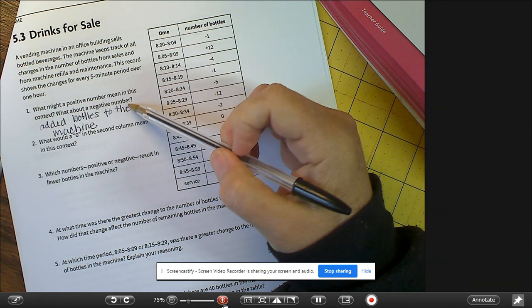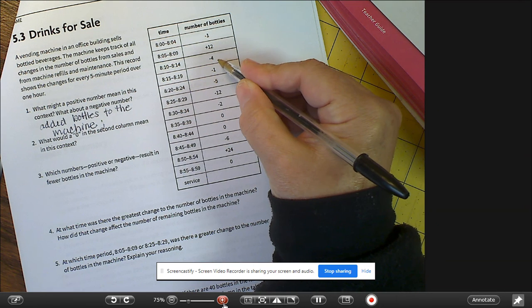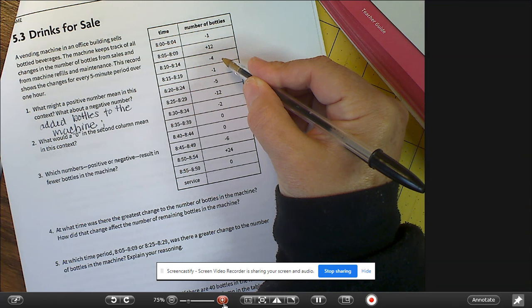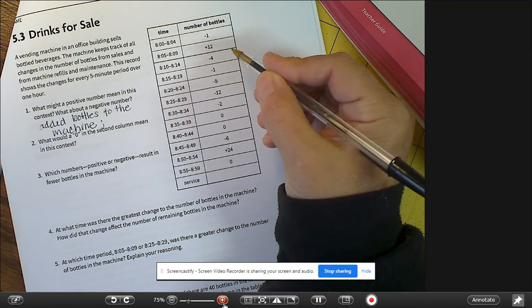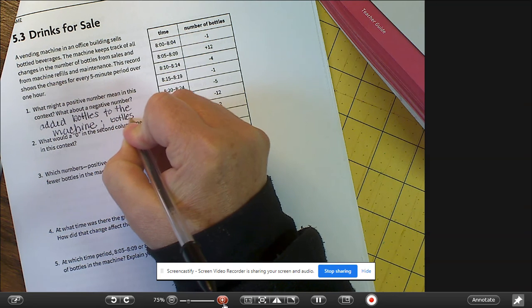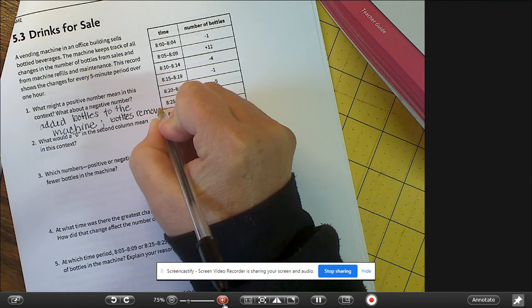And what about a negative number? That would mean that bottles were dispensed or purchased or removed somehow. Right? So either somebody bought them or somebody took them out of the machine. So bottles removed.